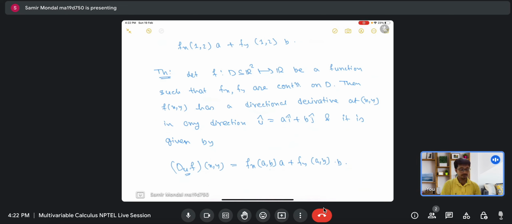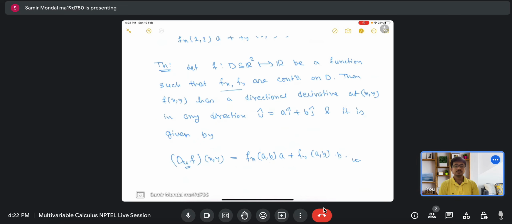Here we are not using any limiting sense. This formula is very handy to solve this type of problem. So what is the condition? The condition is continuous partial derivatives.